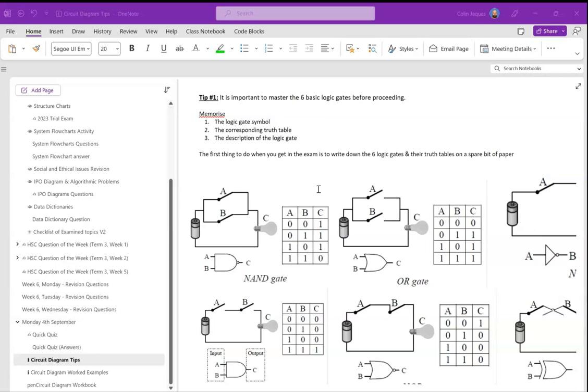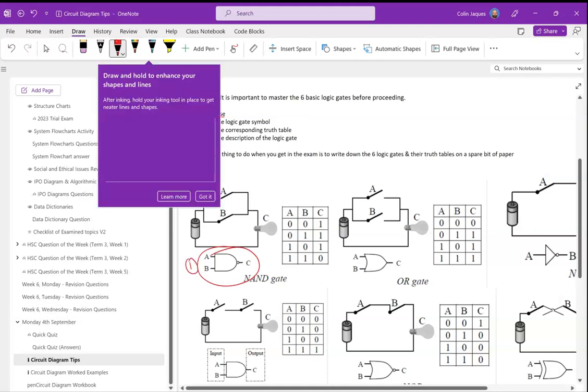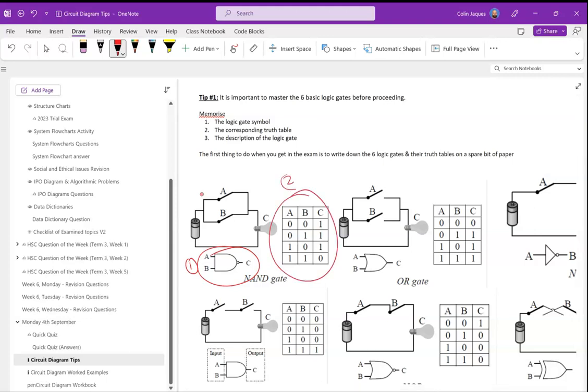There are 3 things that you should remember when it comes to the logic gates. The first thing to remember is the logic symbol. For example, in this, I've got all the logic symbols there, but what I mean is this is the logic symbol. The second thing that you need to remember and absolutely memorize is the corresponding truth table.